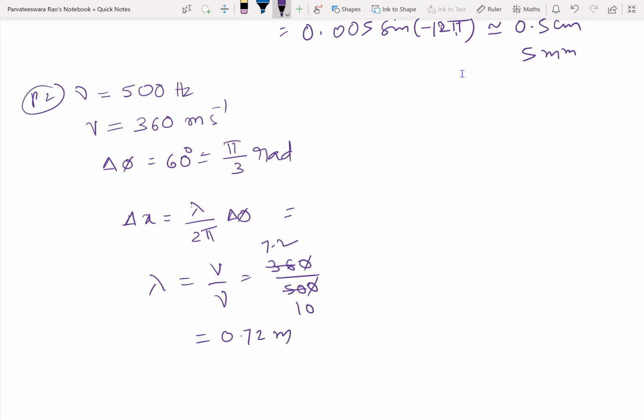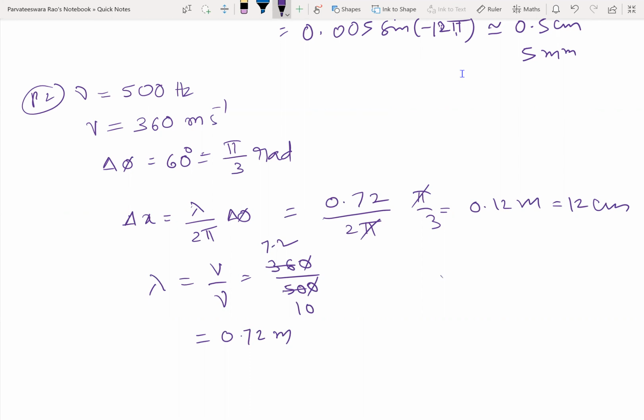Therefore, delta x will be 0.72 by 2 pi into delta phi, pi by 3. So 0.72 by 6, 0.12 meters or 12 centimeters. Correct? Sir, what is the value of pi here?